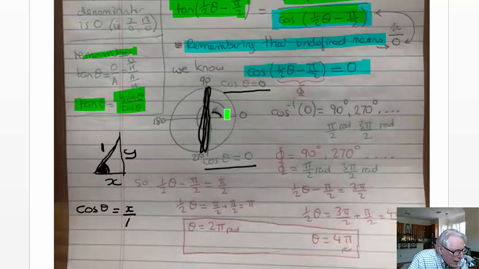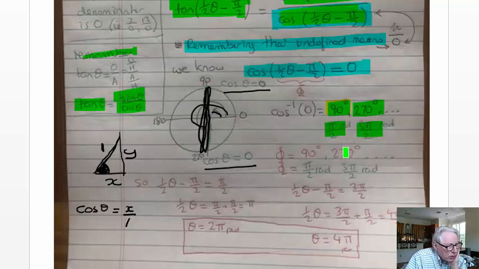So I'm drawing my angles in now, and if you think about it, it's going to be 90 and 270. So cos to the minus 1 of 0, the angle at which you get a cosine of 0, is equal to 90, and it's equal to 270 just from that observation. You can't see that, can you? And we like to put this in radians, so it's pi over 2 and 3 pi over 2 radians.